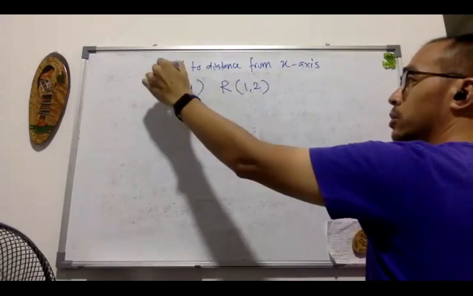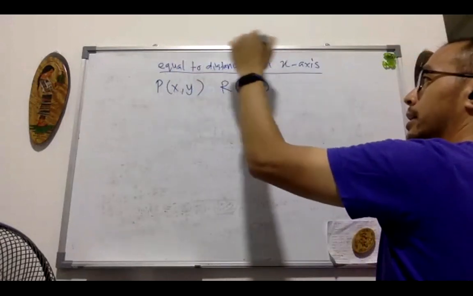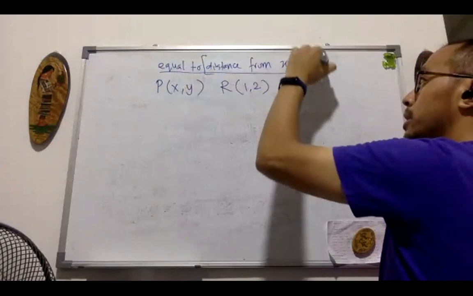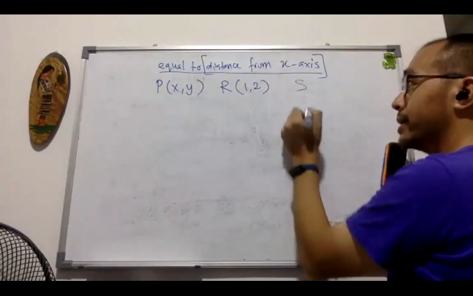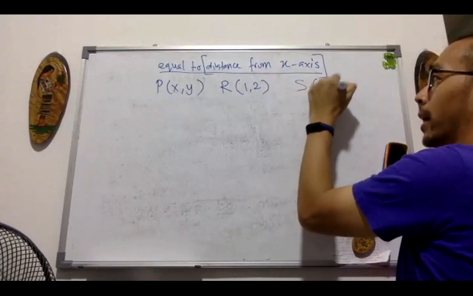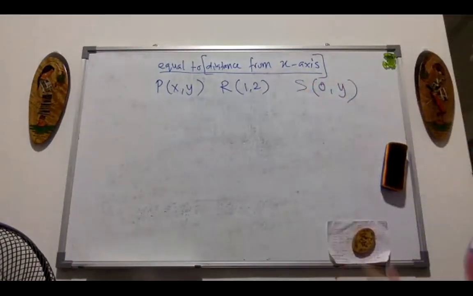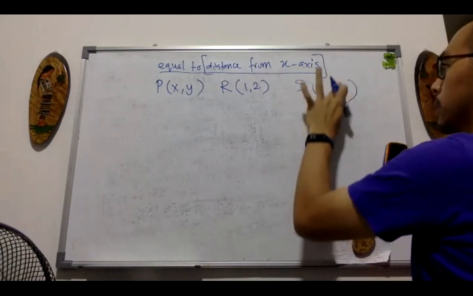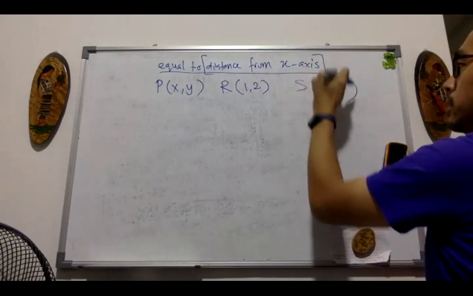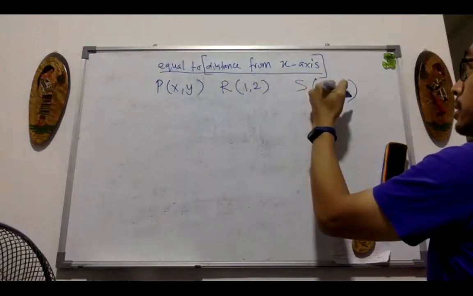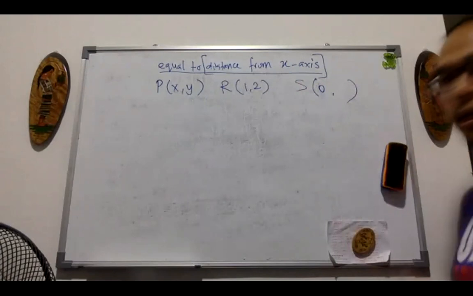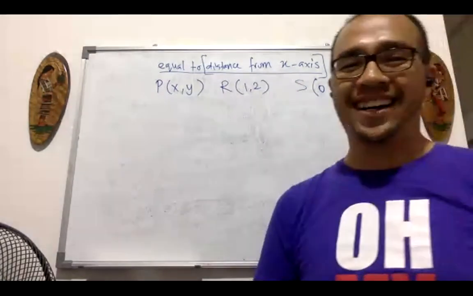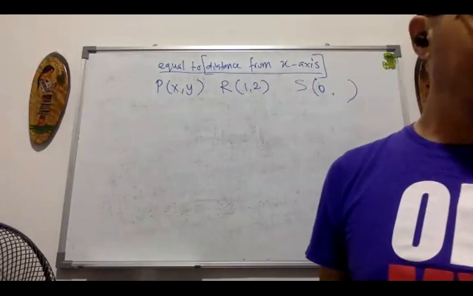The important thing to know about this is that for the distance from the x-axis, I'm going to give this another point, let's call this S. S is actually (x, 0). Sorry, I'm stuck.